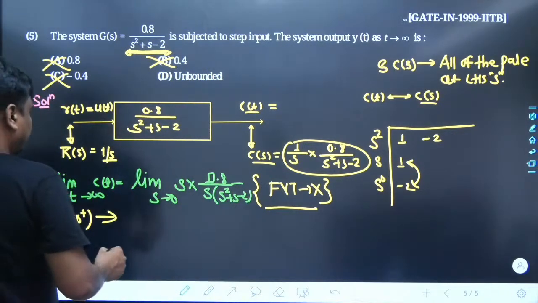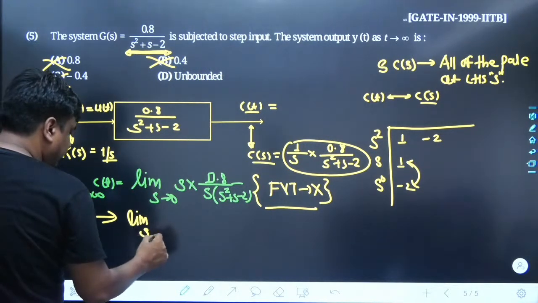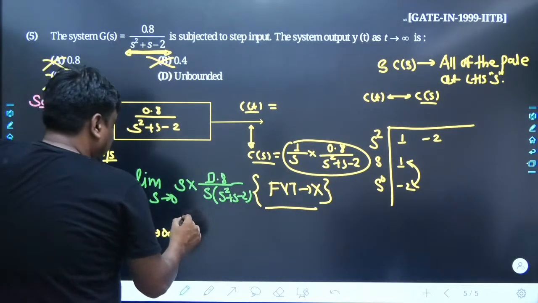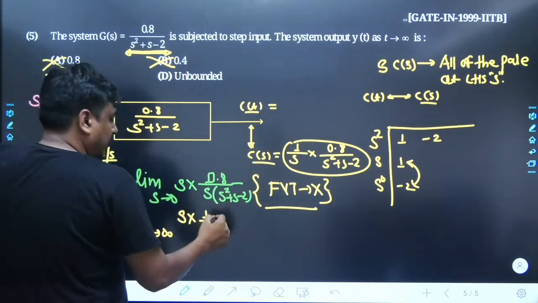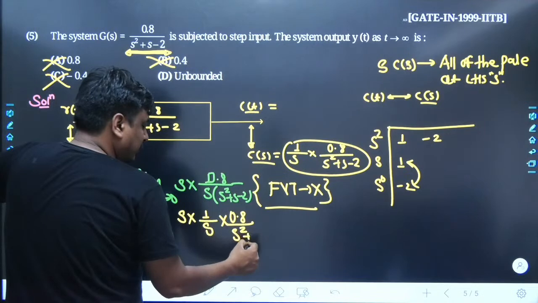How is the initial value theorem used? It is written as limit S tending towards infinity of S times 1 upon S, the complete factor, 0.8 divided by S squared plus S minus 2.